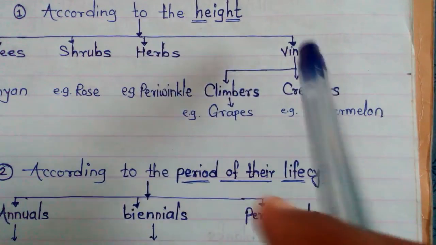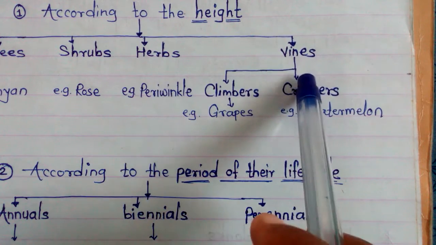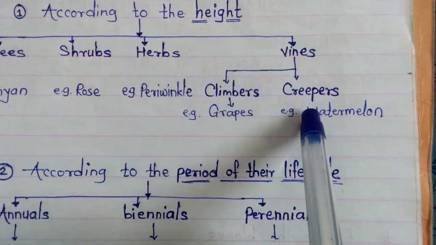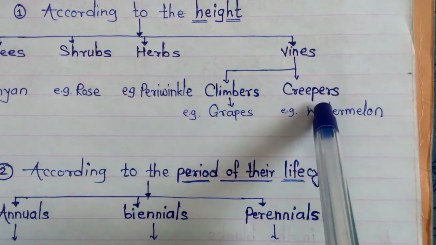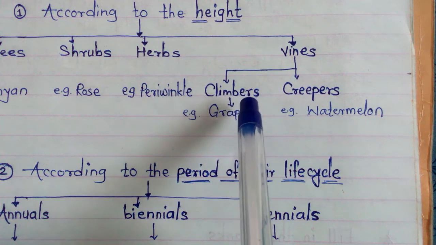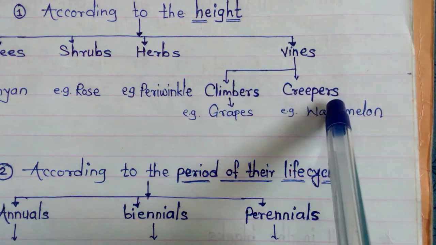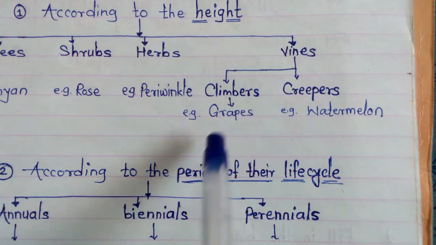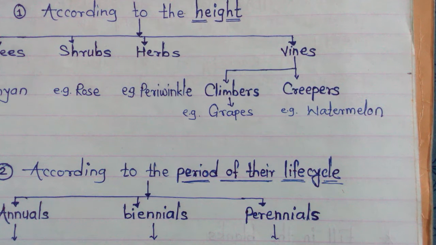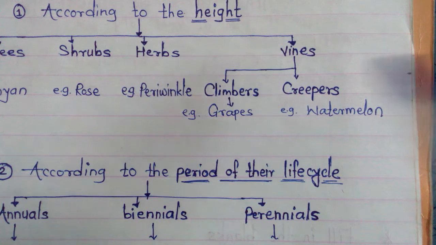Then vines. Vines are again classified into two types: climbers and creepers. Let's see which are the climbers and which are the creepers. The climbers take support. Their stem is very weak. They do not grow upward on their own; their stem is too weak for going in the upward direction.